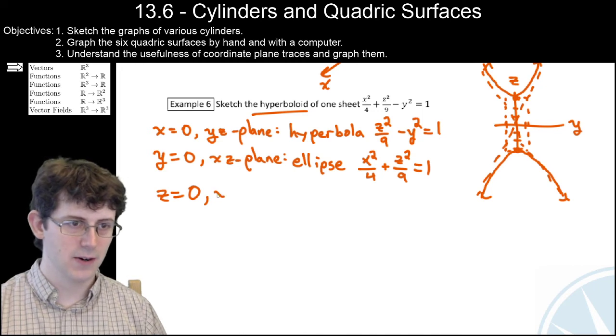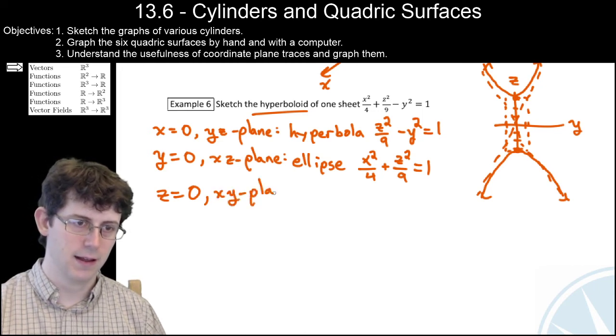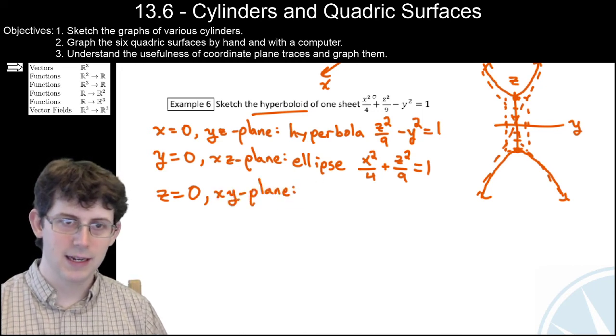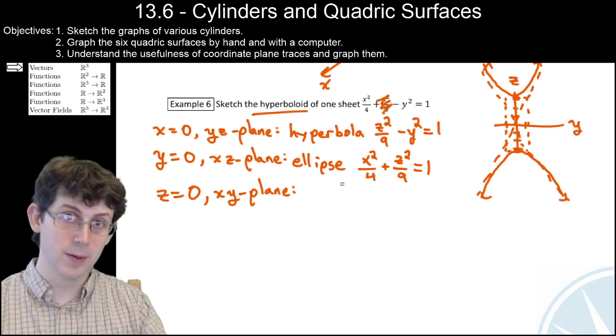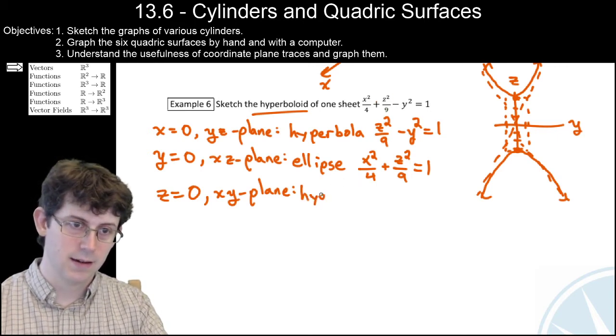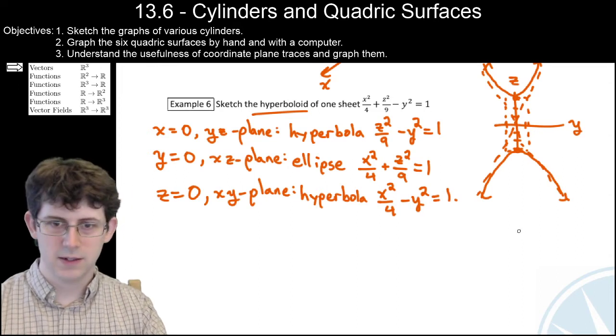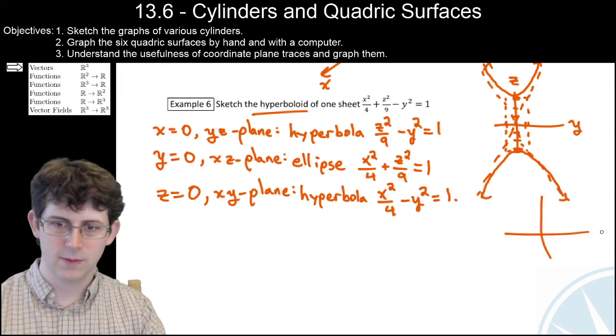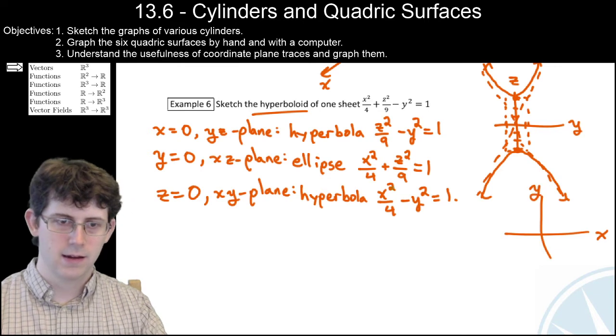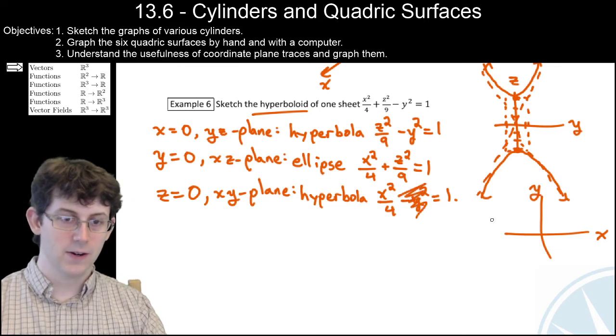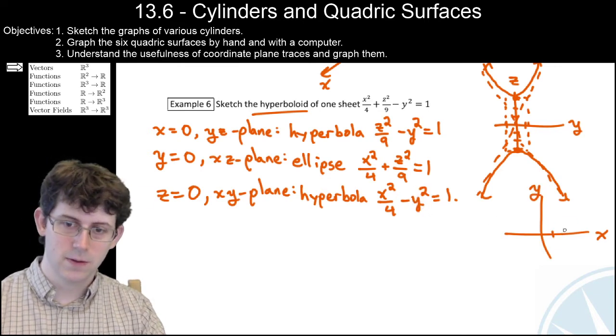For z equals 0, I'm in the xy plane. In the xy plane, I have another hyperbola. This one, let's draw x and y. If y is 0, I get x is plus or minus 2.